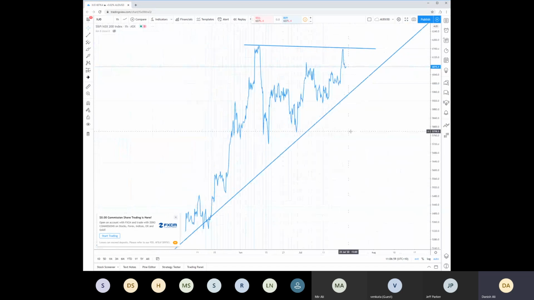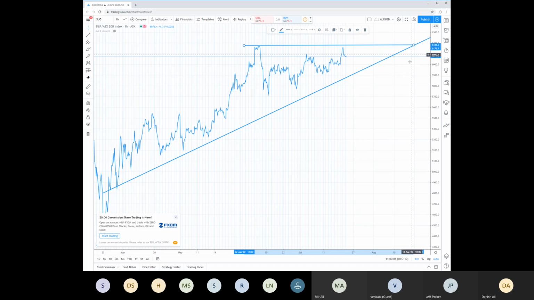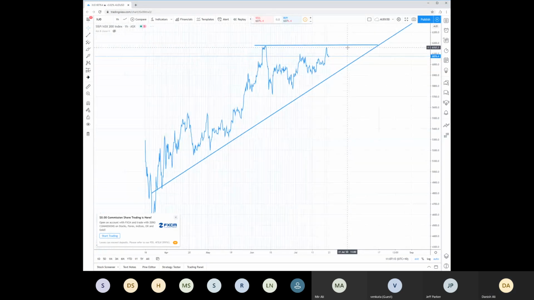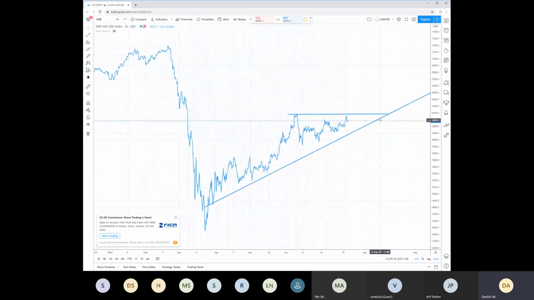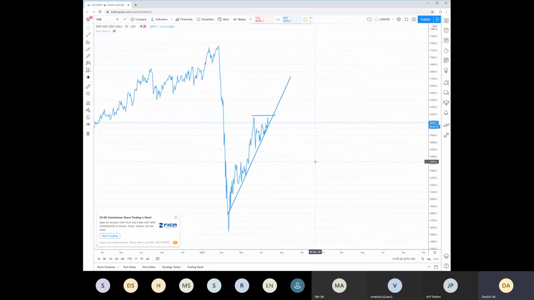Let's see if we can predict something. A rough estimate. We should shoot up somewhere around here, 17th of August, as per the hourly chart. And if we switch it to a daily chart, does it work?